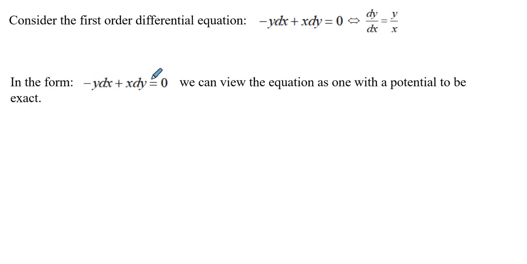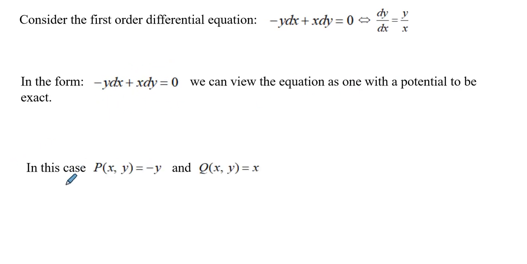Looking at the equation in this form, we can see that it has the potential to be exact. In this case, our P of x, y will be equal to minus y, and Q of x, y is equal to x. You must note here that it is acceptable to have a function of two variables that depends on only one variable here.